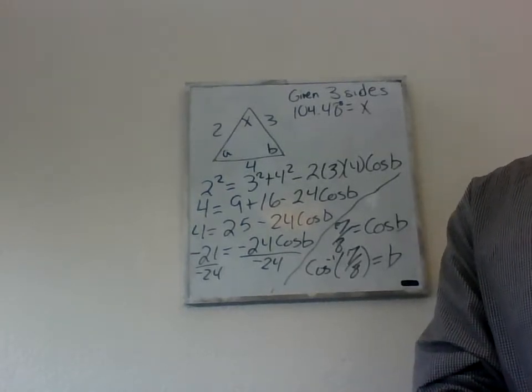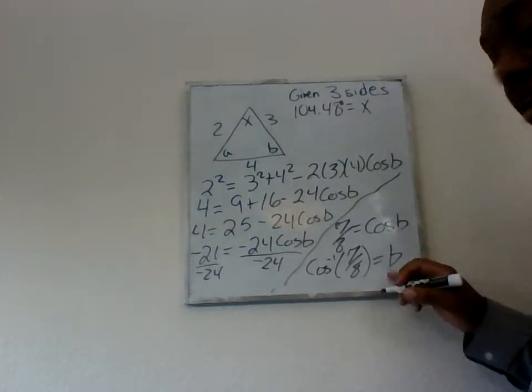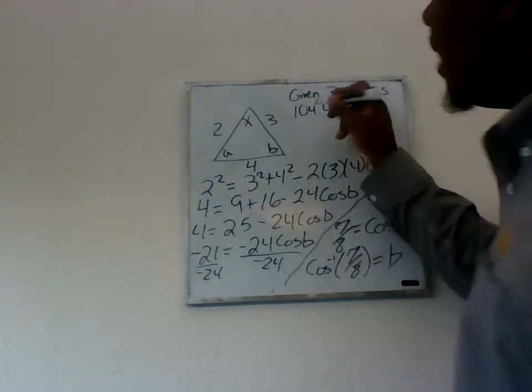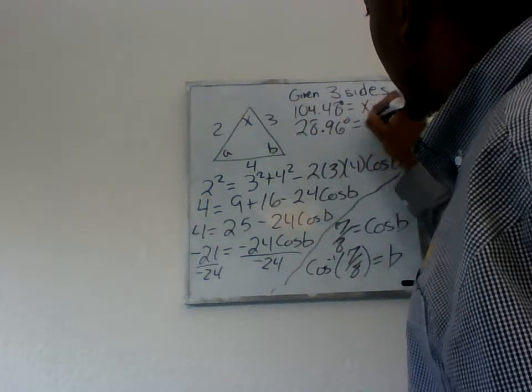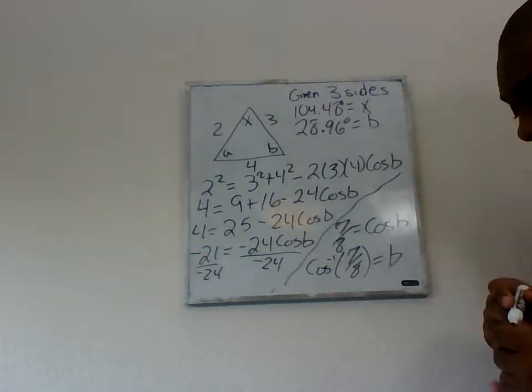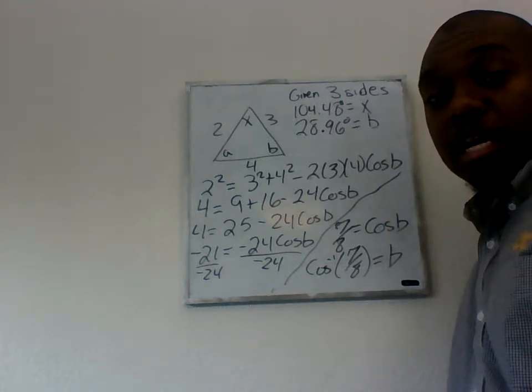Inverse cosine of 7/8, we end up seeing that for angle B, we get 28.96 degrees. So if you need to pause the video, you can here.